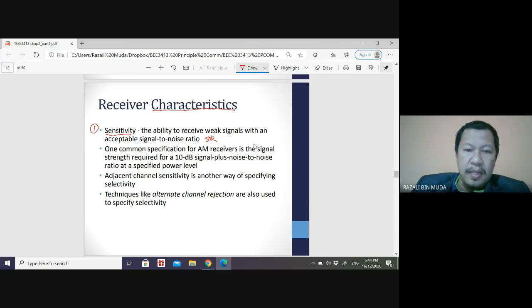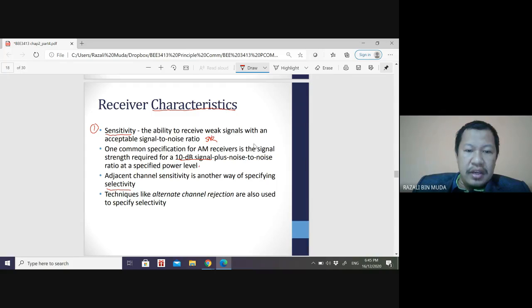One common specification of an AM receiver is the signal strength required for a 10 dB signal plus noise to noise ratio at a specified power level. Adjacent channel sensitivity is another way of specifying selectivity.